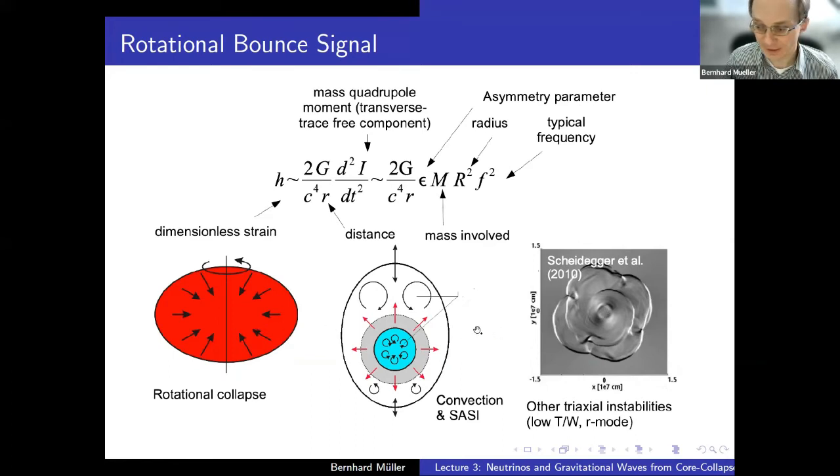But you can get even more powerful gravitational wave emission if the rotation is fast enough to give rise to some non-axisymmetric triaxial instability. And in classical fluid dynamics, we know that such asymmetric deformation will take place if you have a self-gravitating fluid that rotates very rapidly.